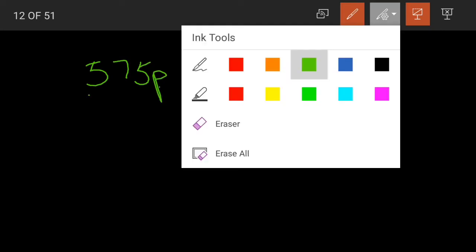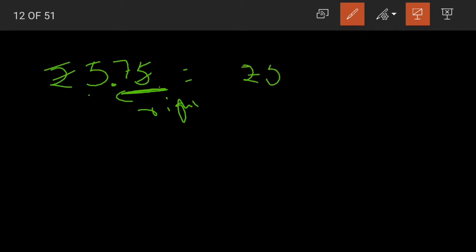In simple words, if I have to explain it to you, if we have 575 paise, just erase this paise, put rupees in front, and count two digits from the right side, and after that place a point. So 575 paise is nothing but 5 rupees 75 paise.